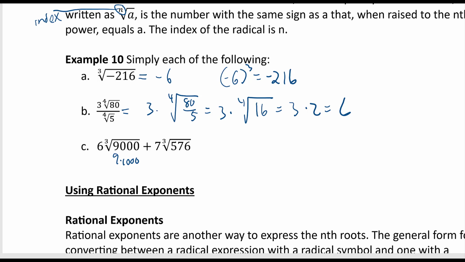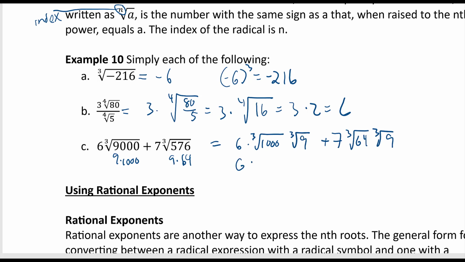For 576, I put that in the calculator and divide by 9, I get 64, which is also a perfect cube. So what we have here is 6 times the cube root of 1,000 times the cube root of 9 plus 7 times the cube root of 64 times the cube root of 9.